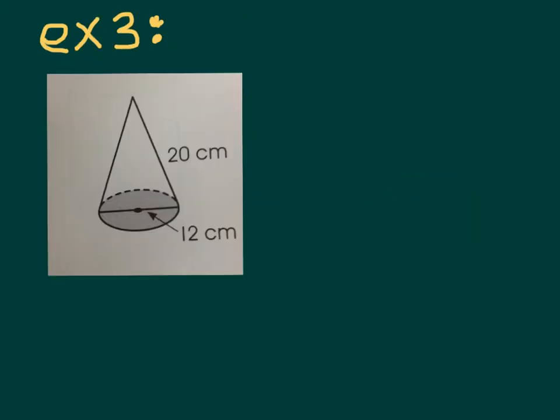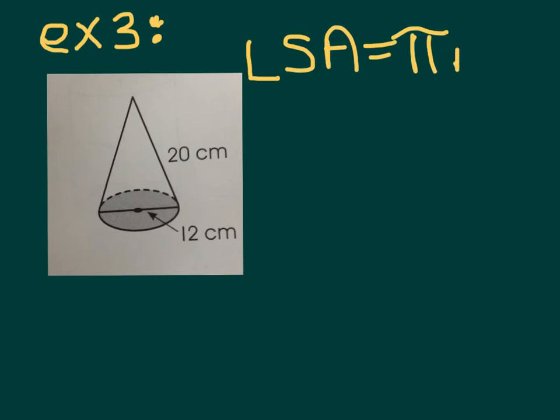Alright, here is example 3. We have a cone, and we're going to be finding the lateral and total surface area. On the lateral, we're going to be doing pi rL. Okay, so we have pi. Our radius, if you notice down here, we're not given the radius.